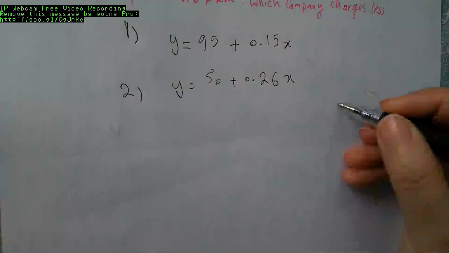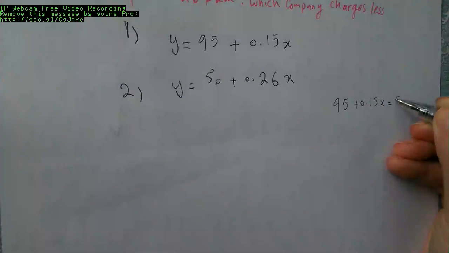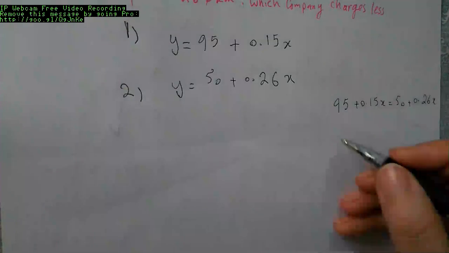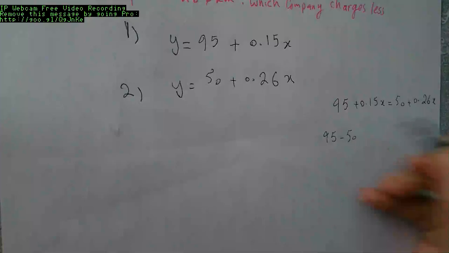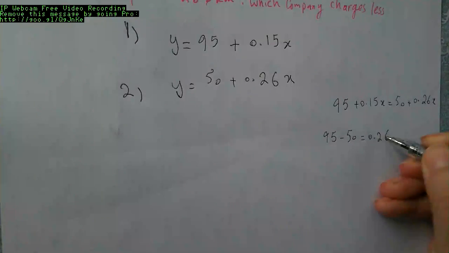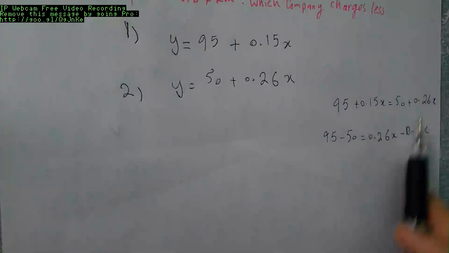So I set these two equal to each other: 95 plus 0.15x is equal to 50 plus 0.26x. I bring the numbers to one side, so 95 minus 50, and 0.26x minus 0.15x.